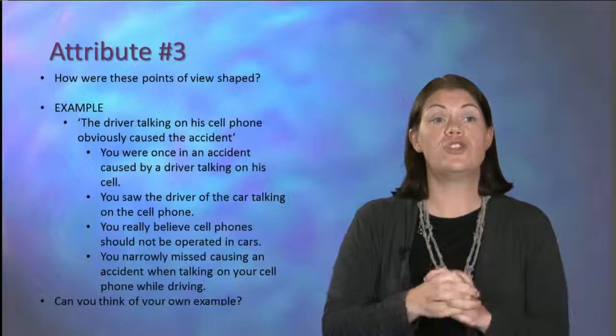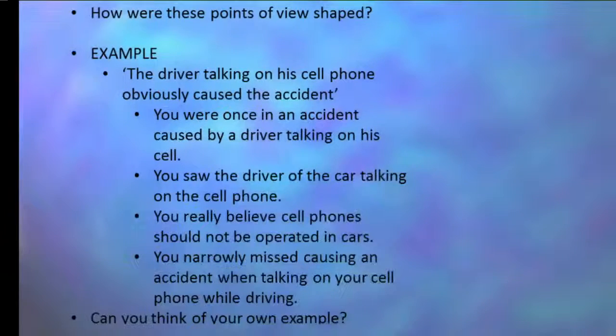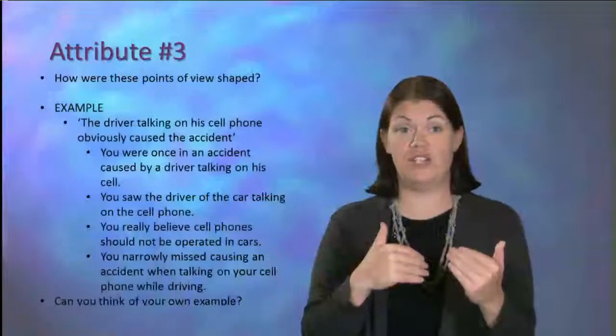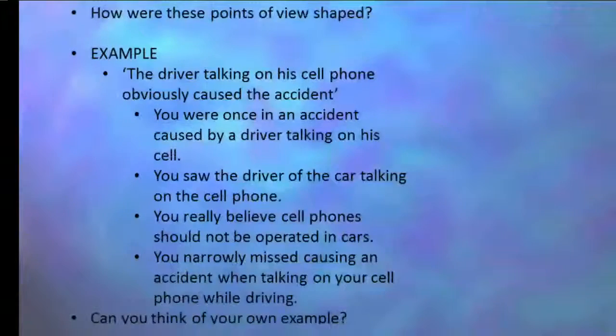Okay, so this is just an example, right? When we take that one point of view statement, the driver talking on his cell phone obviously caused the accident. That's a point of view, right? And how that shapes this point of view are the following. You could have once been in an accident caused by a driver talking on his cell. That's going to influence your point of view.